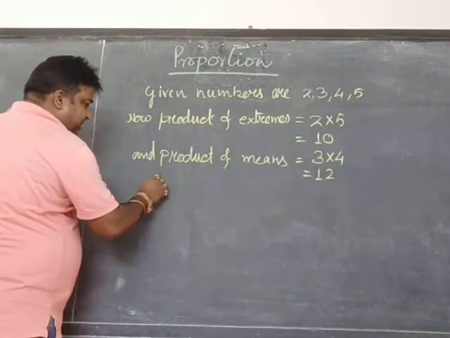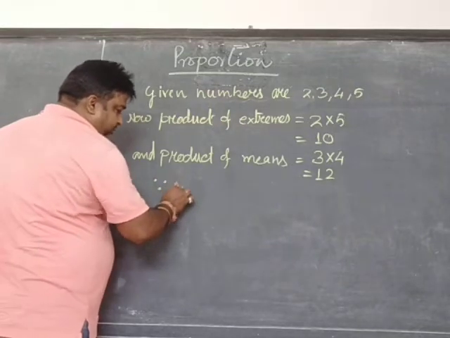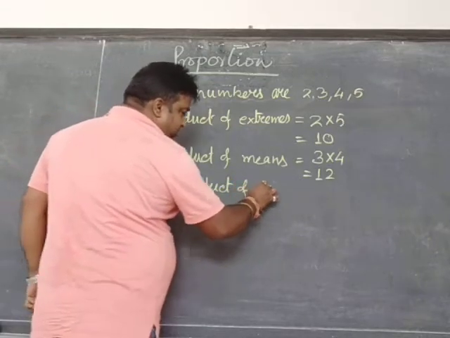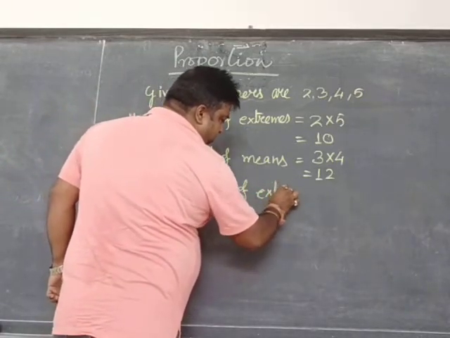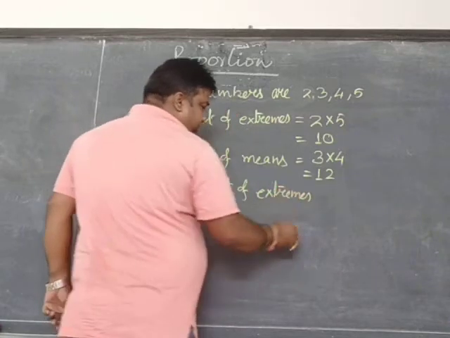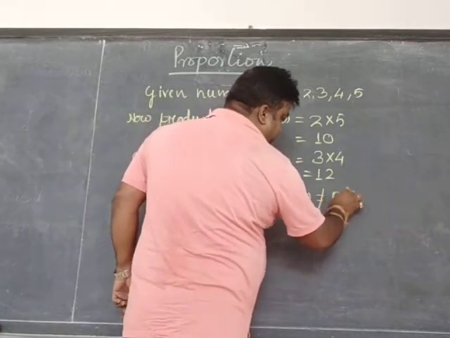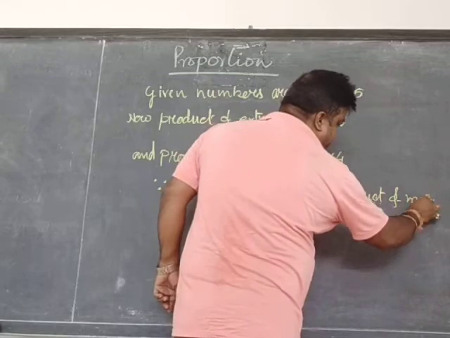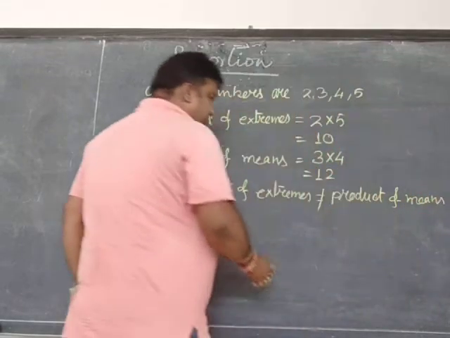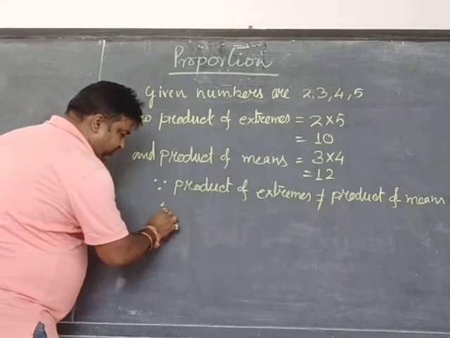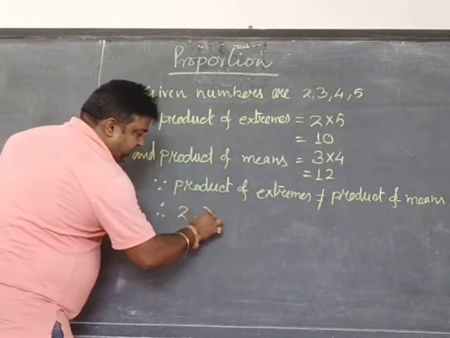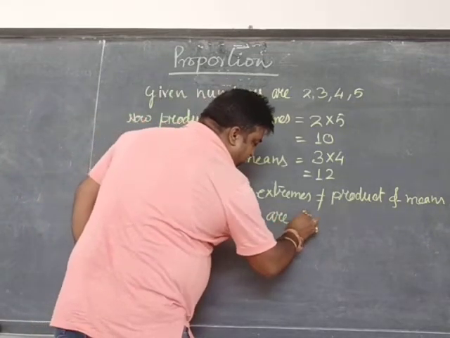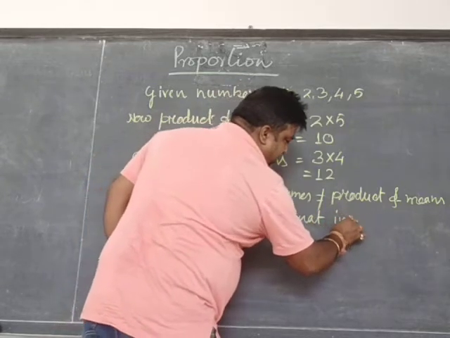So you will write like that: since product of extremes is not equal to product of means, therefore 2, 3, 4, 5 are not in proportion.